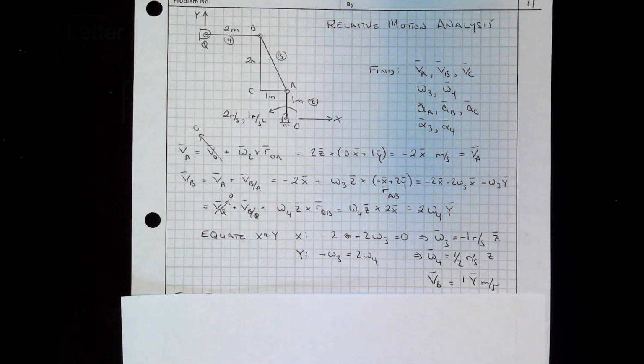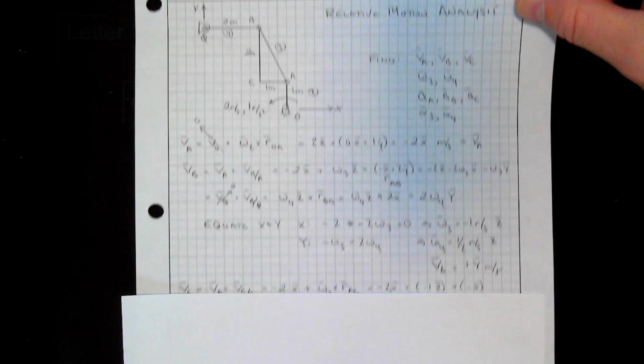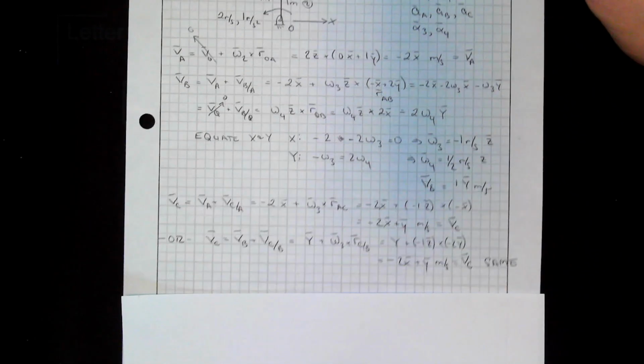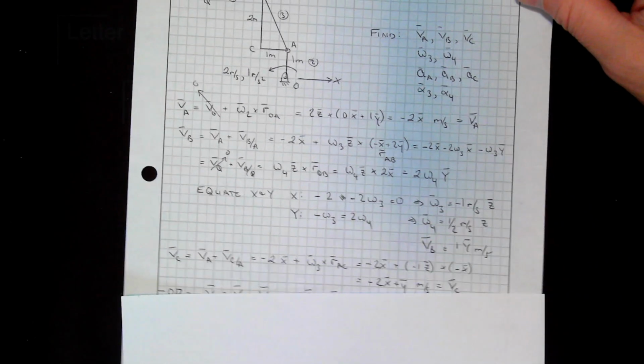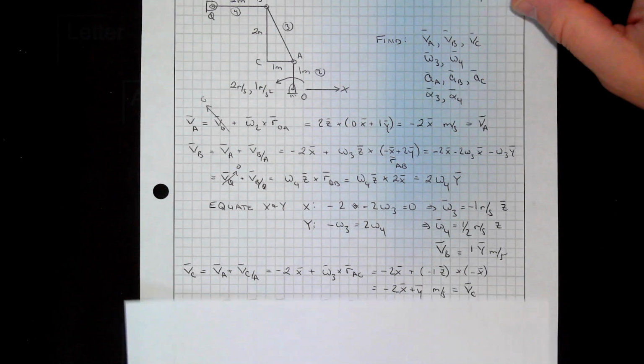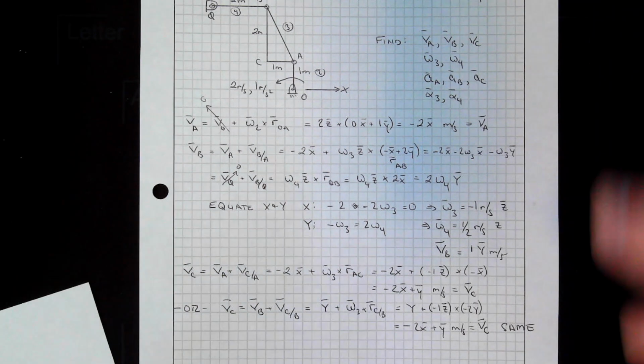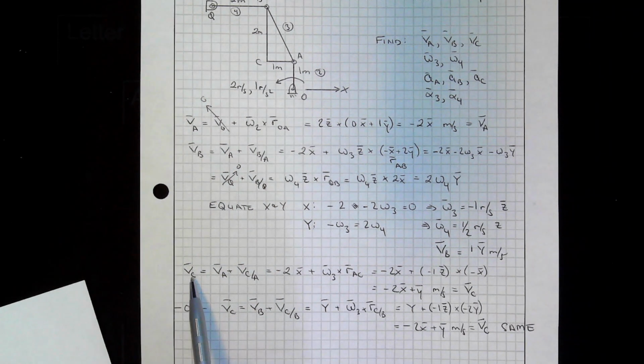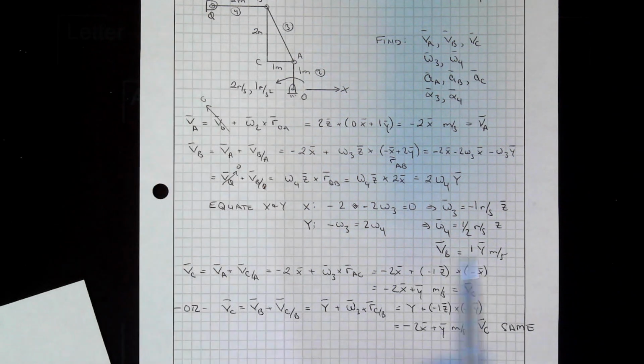We've gotten all the parts, well, we've gotten A and B. We actually have to get C. So here's VC. Now that I know everything about how this thing rotates, I can actually compute this two ways. I only need one equation.